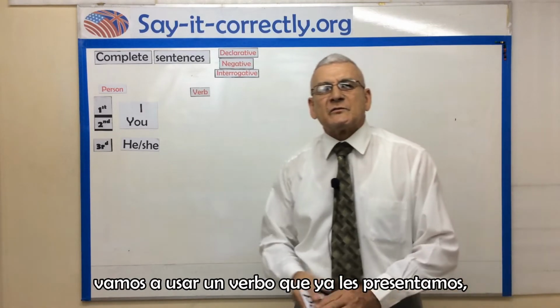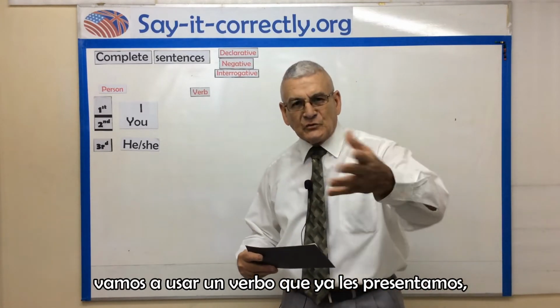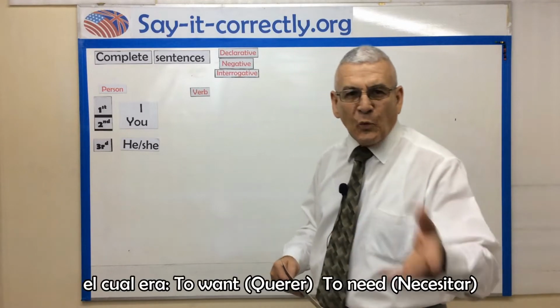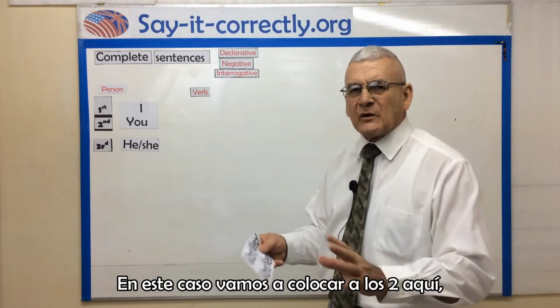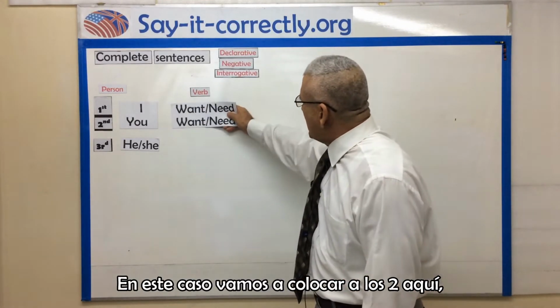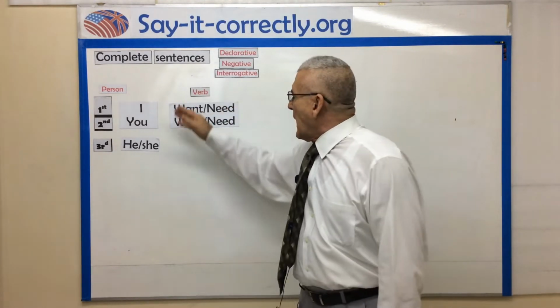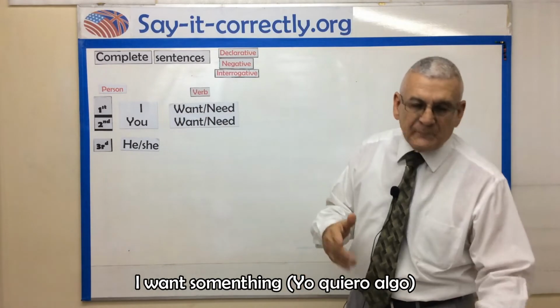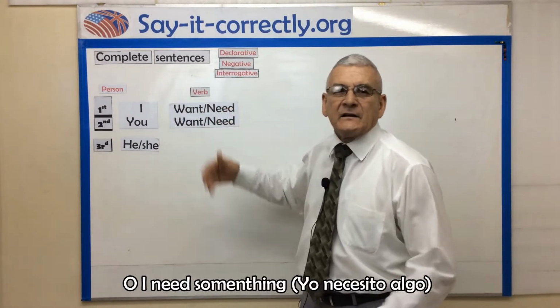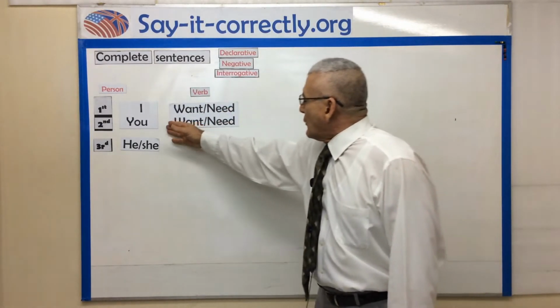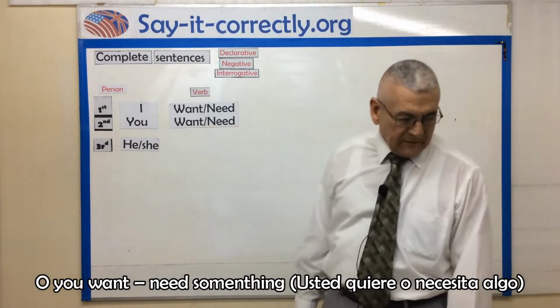So now we need a verb right here. We are going to use a verb that we already introduced to you, to want or to need. In this case, we are going to place the two of them here, for the first and second person singular. I want something, or I need something, or you want or you need something.